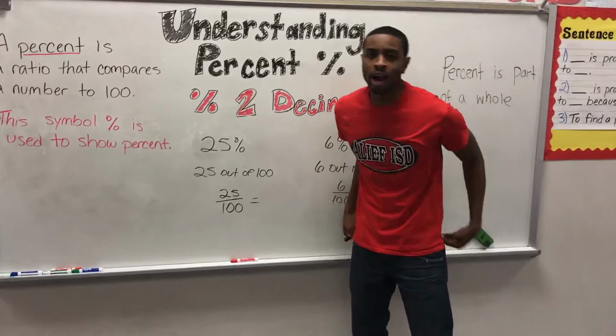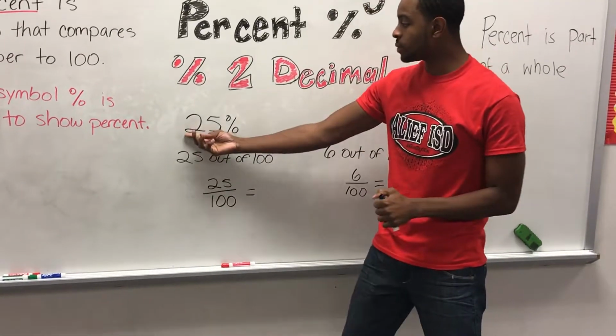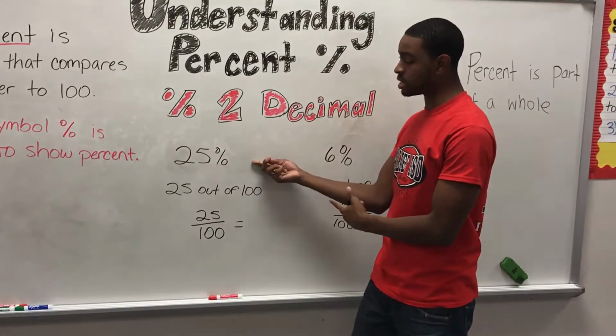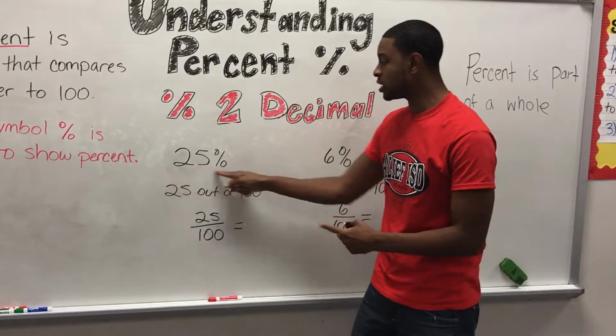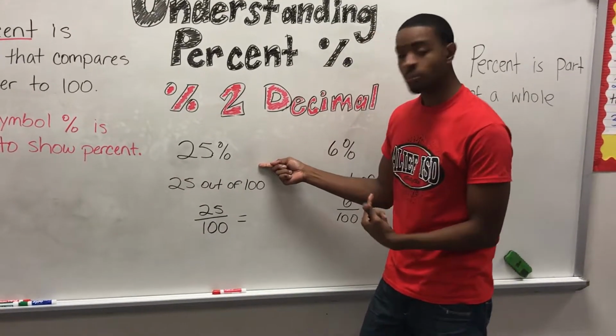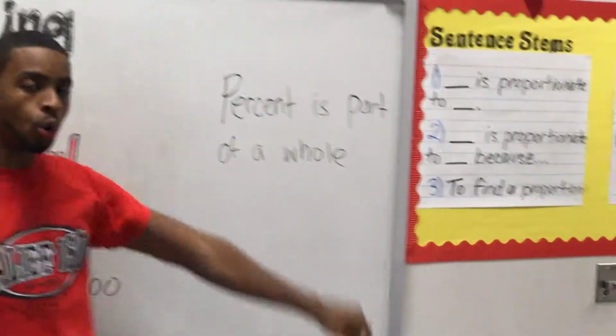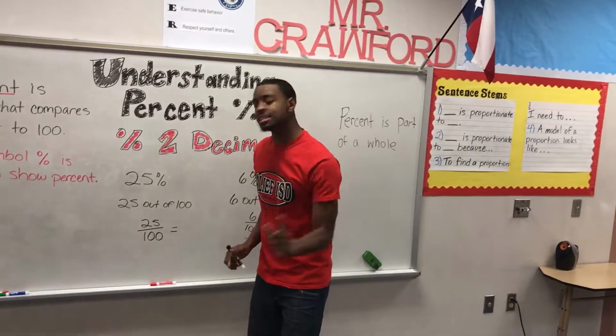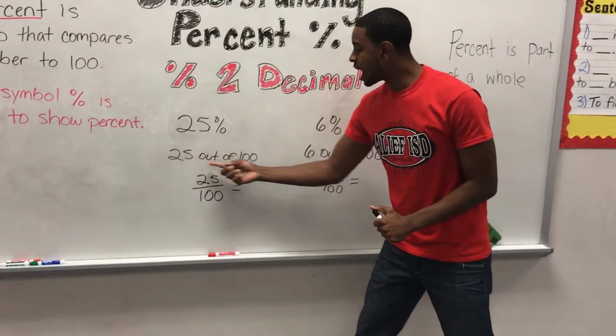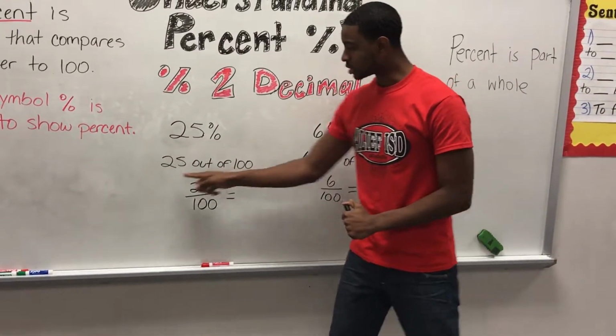Last time we saw how to represent a percent. Right here we have our number 25 and that percent symbol, so that represents 25%. Remember, a percent is part of a whole, so that means 25 out of 100.